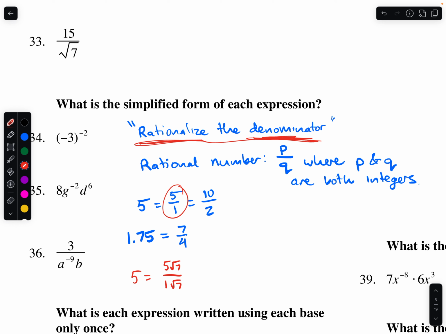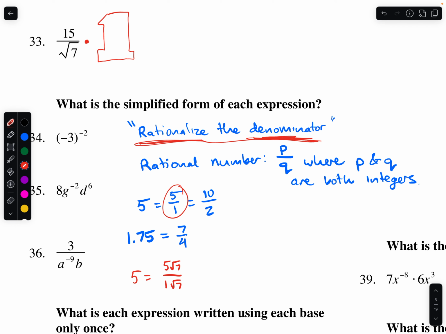The way we're going to do that is we have to rely on 2 facts. First, hopefully you already know this fact. I sincerely hope you would agree with me that if you multiply something by 1, it doesn't change that something. Anything times 1 is itself, right? So if I take 15 over root 7 and multiply by 1, I am going to get something equivalent to 15 over root 7.